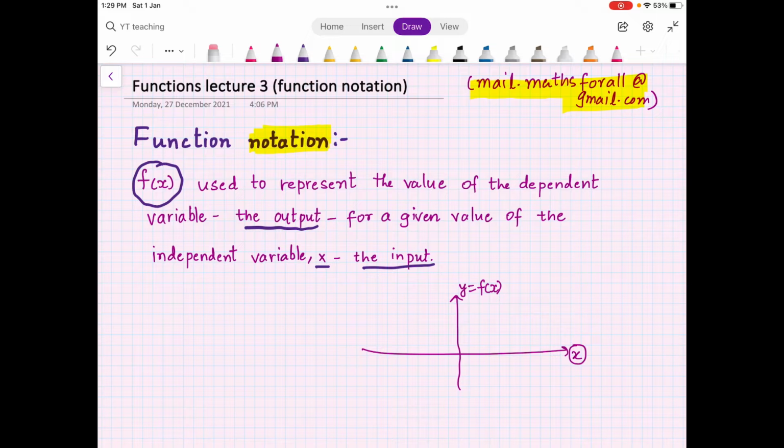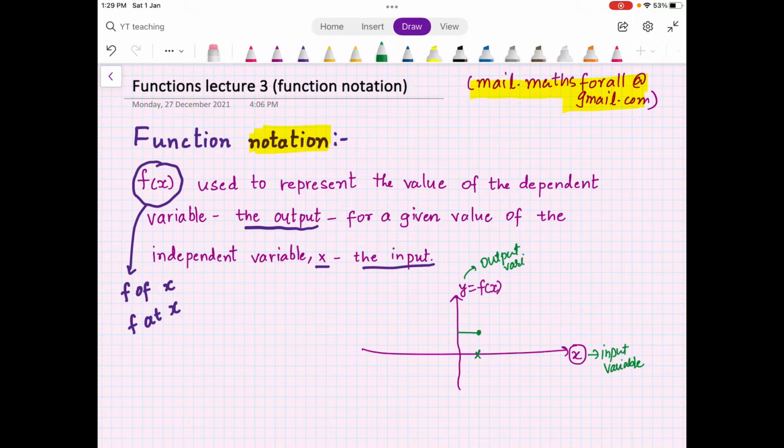We call it f of x, or sometimes f at x. So the meaning is, if you have some value of x, then this is the corresponding value of f of x, the corresponding value of the output variable. So we have x as our input variable and y as our output variable.